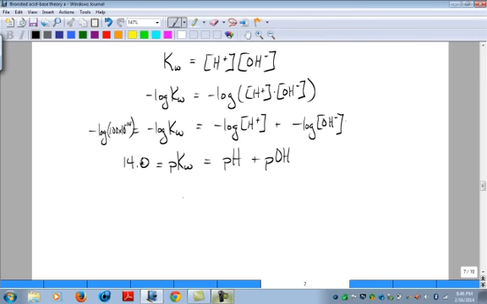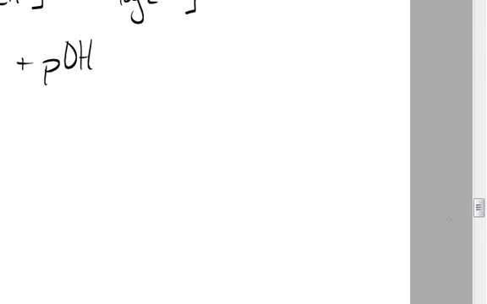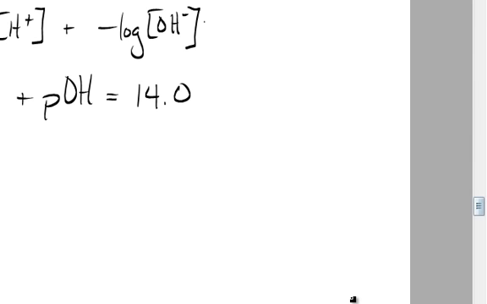So that means if you know the pH of a given aqueous solution at 298 Kelvin, you automatically know the pOH, because the sum of the pH and the pOH have to add up to the simple number 14, which really shows the benefit of expressing these values in terms of p, or powers, or logs.